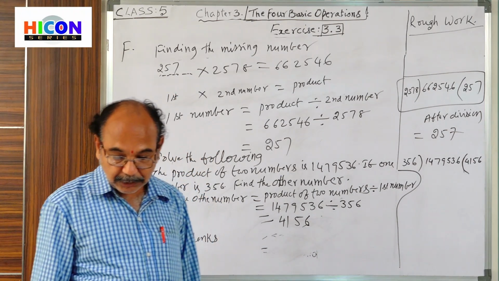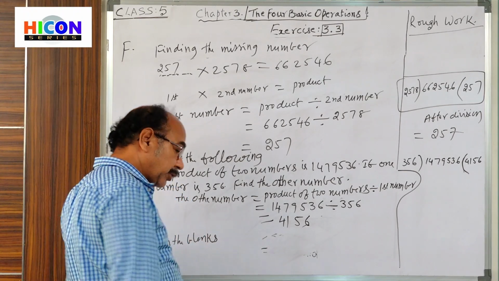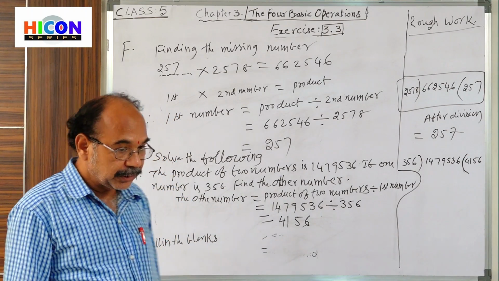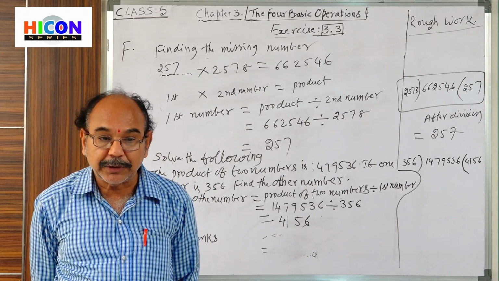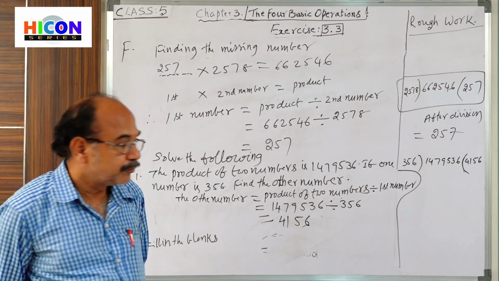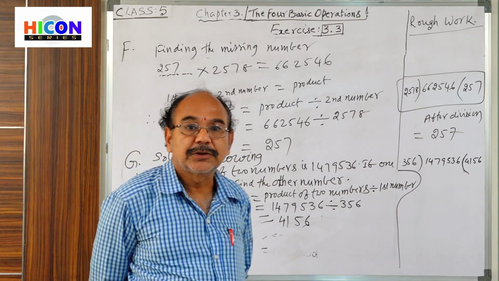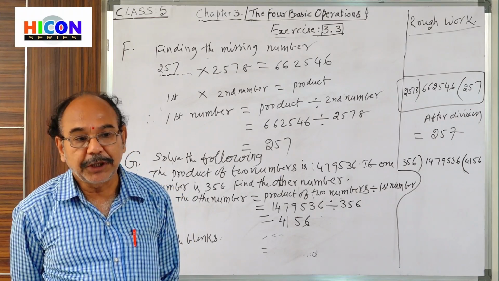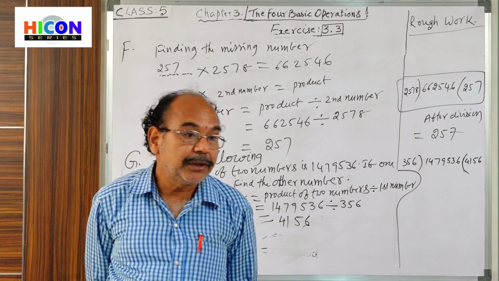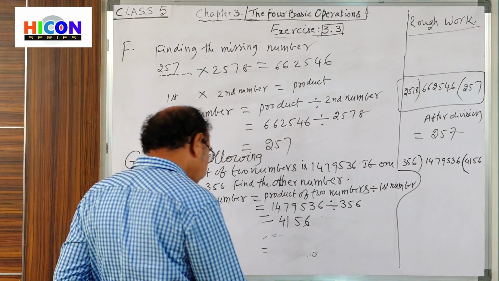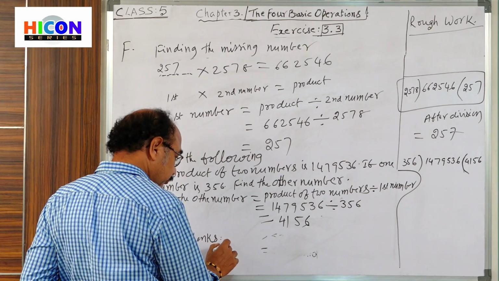Okay, children. Next, one blank is there here. The third one is the blank question. What is that? Read. If any number is divided by 1000, the quotient will be dash.